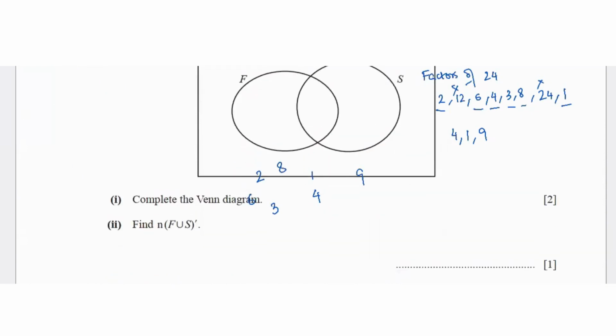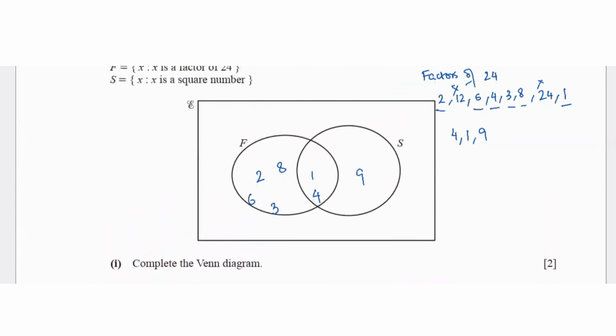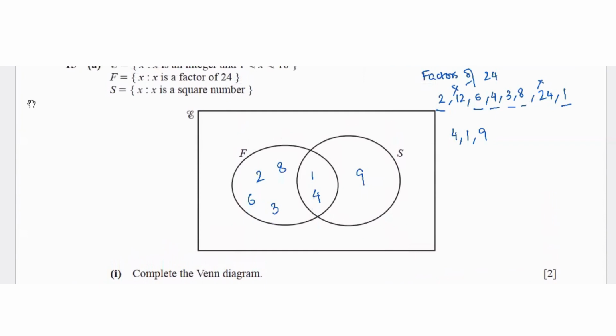Then the second part says, find the number of F union S complement. So first, let's find F union S. F union S is going to be all of the values: 1, 2, 3, 4, 6, 8, 9. So what's not going to be part of this are the values that are outside.